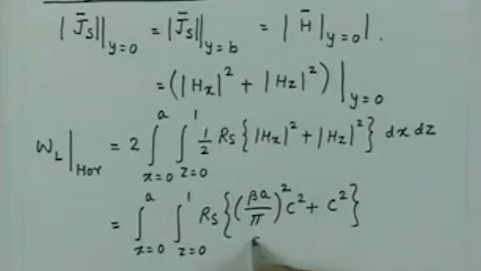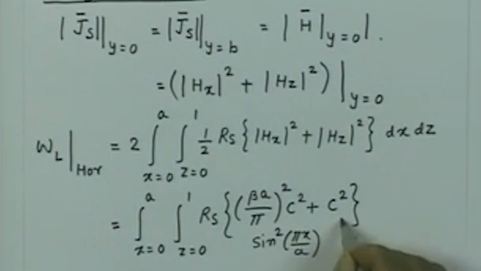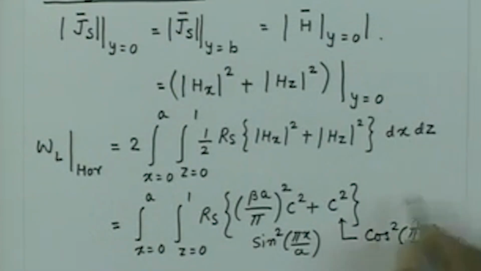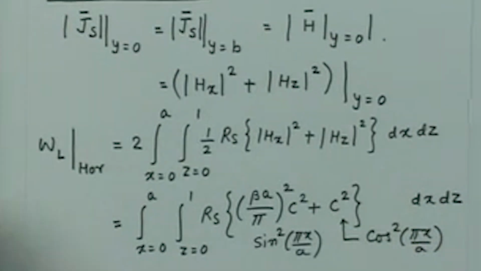So, this will be multiplied by sine square pi x by a, and this will be multiplied by cos square pi x by a, integrated over dx dz.